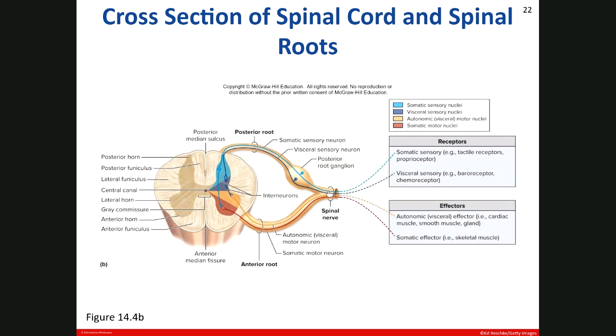And the red part starts from the ventral horn of your spinal cord. In this part, you have somatic motor neurons, and the axons come out of this part and go to your effector organs, which are skeletal muscles.